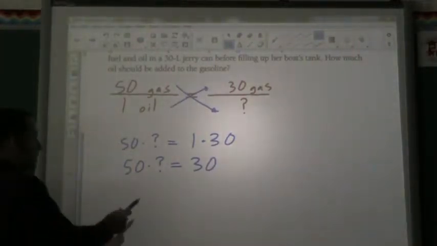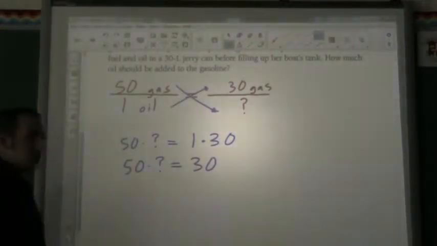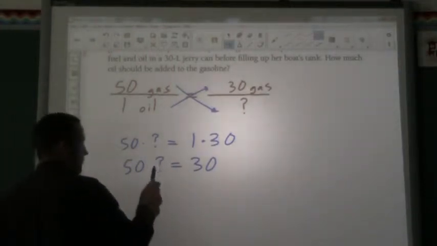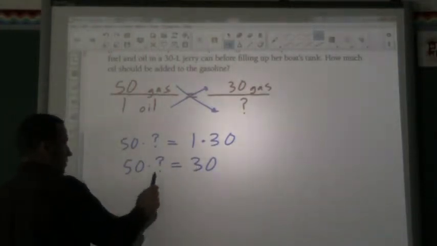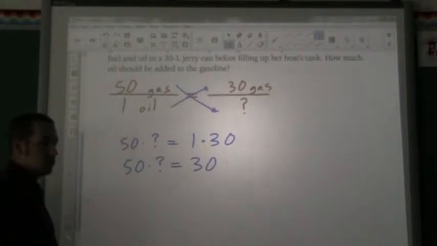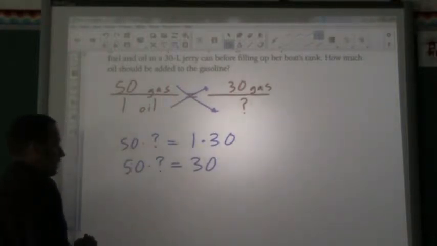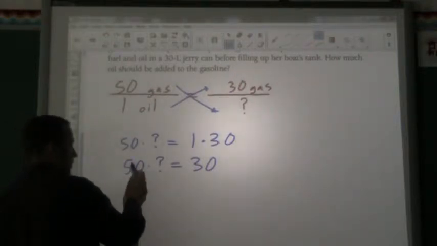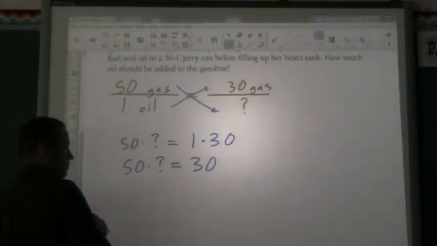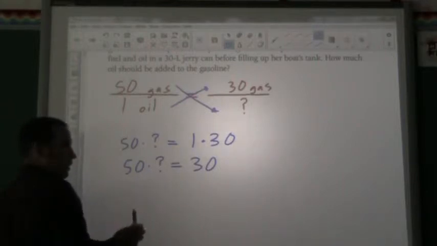And I need to have this question mark alone by itself. I don't want to know what 50 times my unknown is. I want to know what just my unknown quantity is. So I've got 50 times the question mark, the unknown. To get rid of the 50 in front of the question mark, you do the opposite operation.